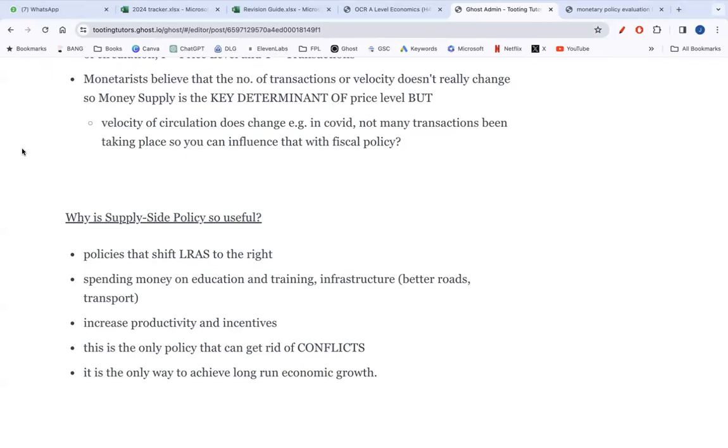So if I do demand side policy, so fiscal policy, I'll have AD shifting to the right. I should be labeling these, but I'm not gonna. So AD would shift to the right. So GDP would go up, but what would happen on here?